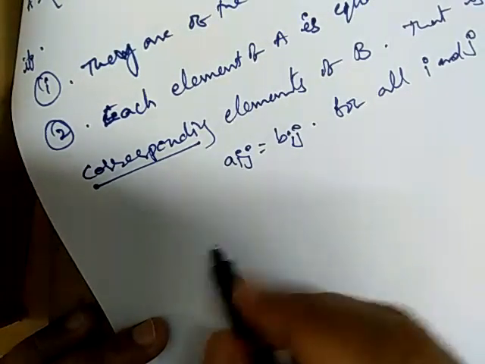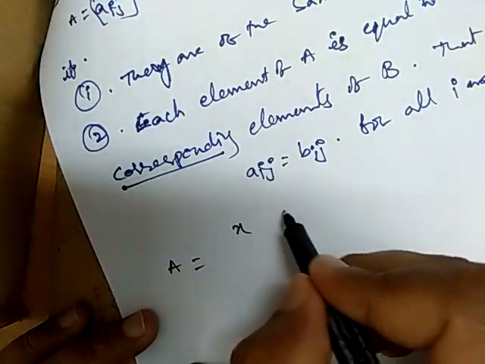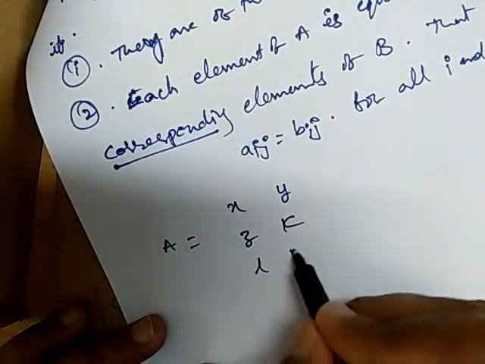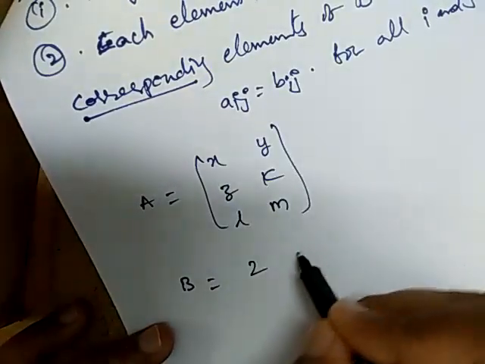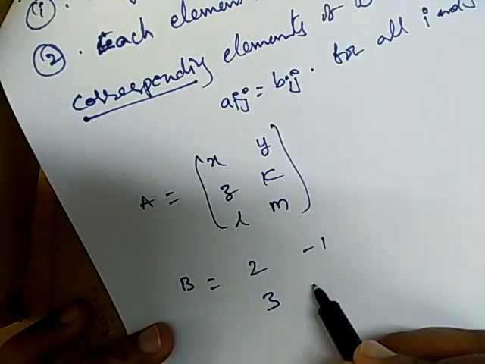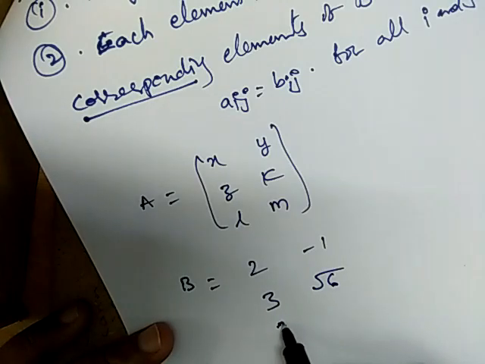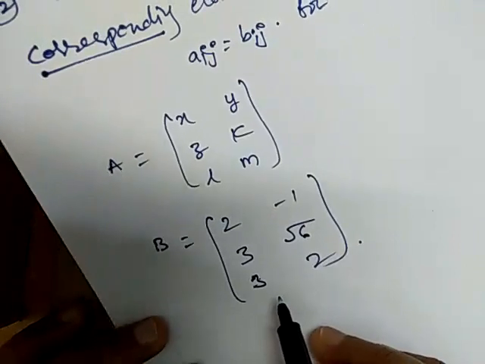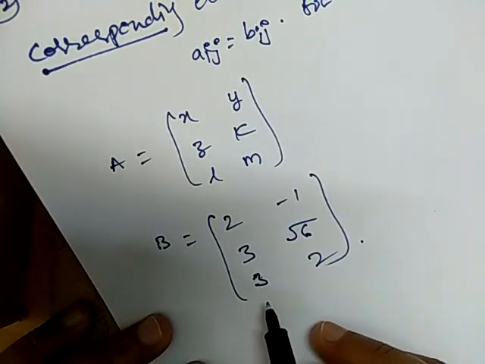Suppose I am taking two matrices, A equals x, y, z, k, l, m, and B equals 2, minus 1, 3, root 6, 3, 2. These are two matrices. Then find the values of x, y, z, k, l, m.